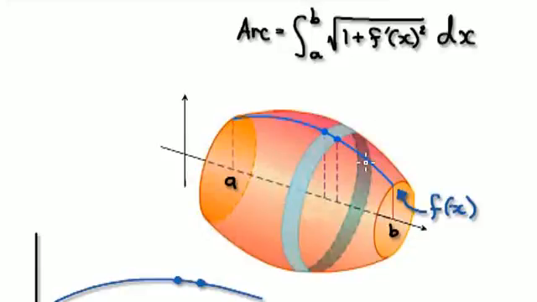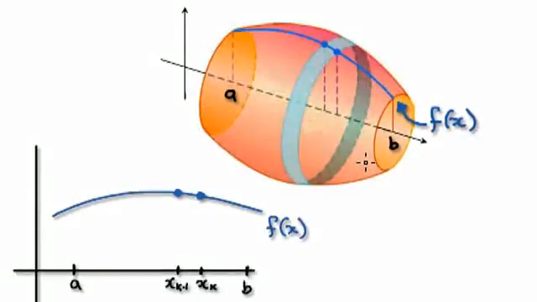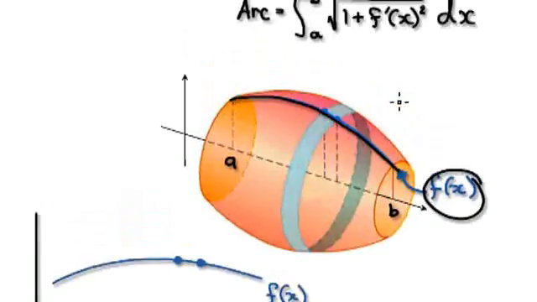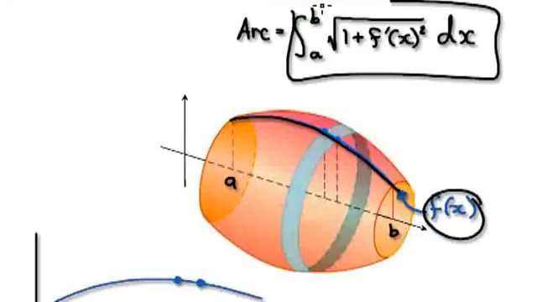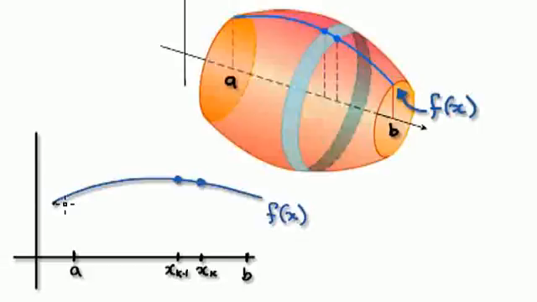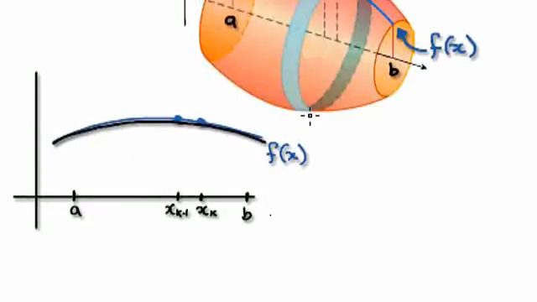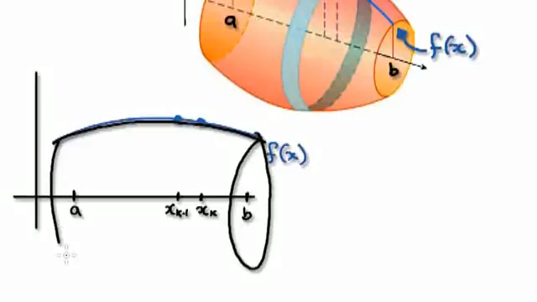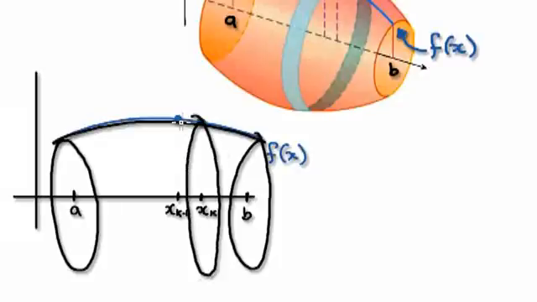Okay, so the idea here is that when you have a function, you can work out the arc length by using this formula here, and we've done this many times. So once you've got the length of the wire, you can rotate it 360, and that will sweep out an area, and that area is your surface area.